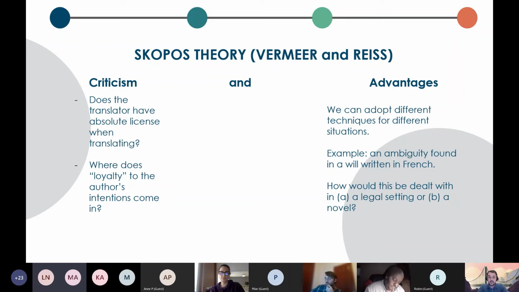And it's up to the translator. It's at the translator's discretion to decide what is going to be understood, what has to be explained, what has to be said in a different way, in order for the text to serve its purpose for its target audience.